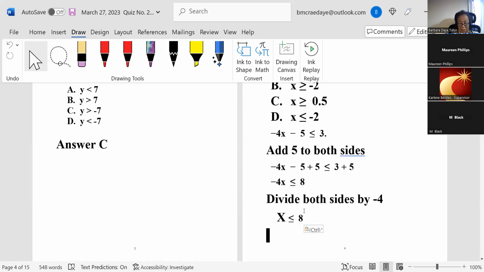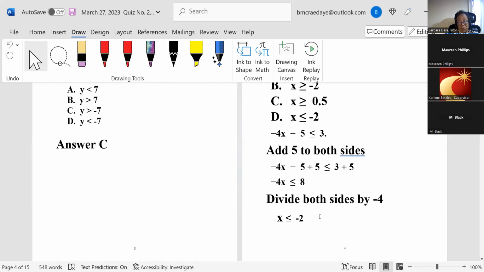So let's just put the -2 there. If you divide -4 by -4, it gives you 1, so this just gives you 1x or x. -4 into 8 gives you a -2.